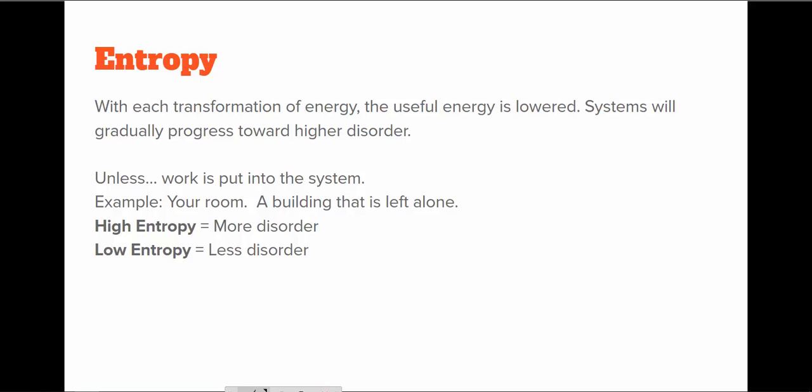Because remember, every time we change energy from one form to another, we're always losing a little bit of waste. It's this waste heat. And so every energy transformation, we can change it as many times as we want, but as long as we're always losing some, it's always becoming more disordered and more chaotic, you're always going to tend towards disorder.